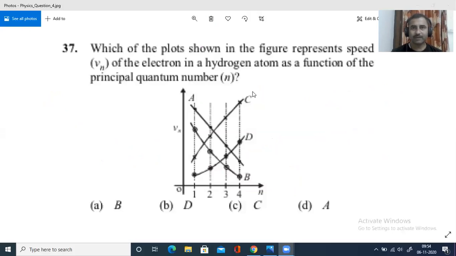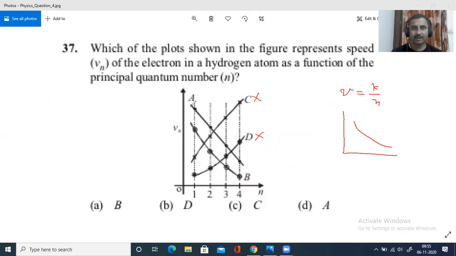So with the help of our solution, we came to know that v equals to k upon n, and the graph of this solution is a curvilinear decreasing graph, right? So C and D are straightforward incorrect options because they are increasing graphs.